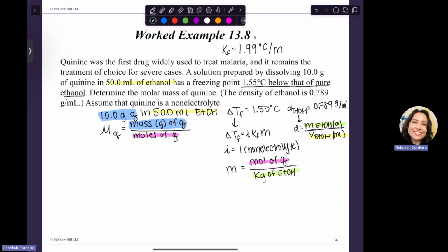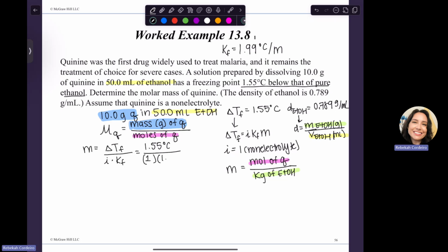If we start by just finding our molality and plugging in, molality is going to be equal to delta TF over i times KF. And again, I like to rearrange the variables first before I plug in, because that saves me a lot of time on the test. I know my delta TF is 1.55 degrees C. I know my i is 1.